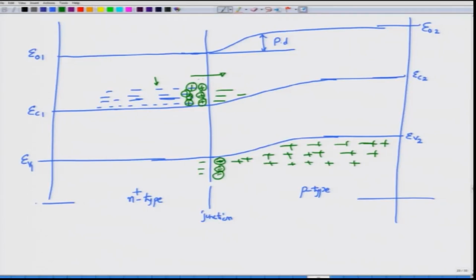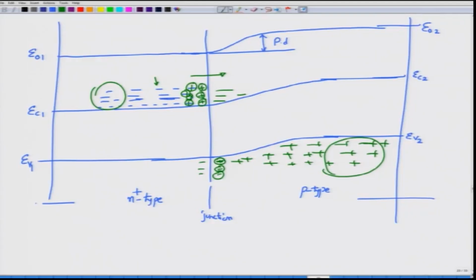The electric field is from n to p region, therefore the holes also cannot diffuse as much, and their concentration remains quite high in the p region far away from the junction. Similarly, the n region far away from the junction will have an excess number of electrons. So, this is what actually happens, and you can go ahead and calculate various properties of this p n junction, or the n p junction that we have written.